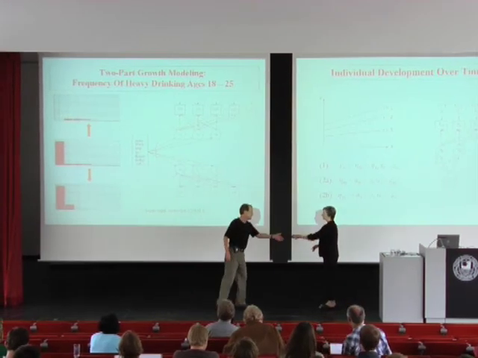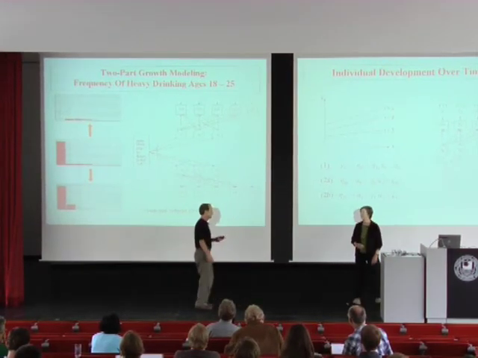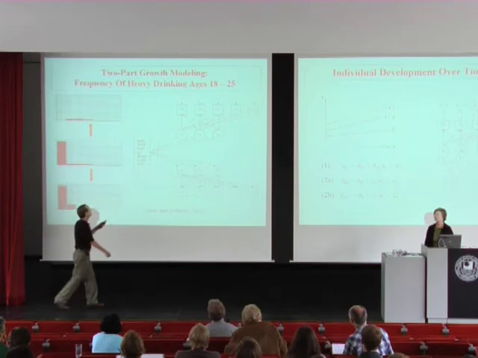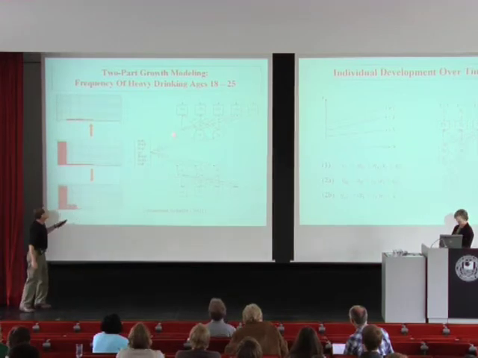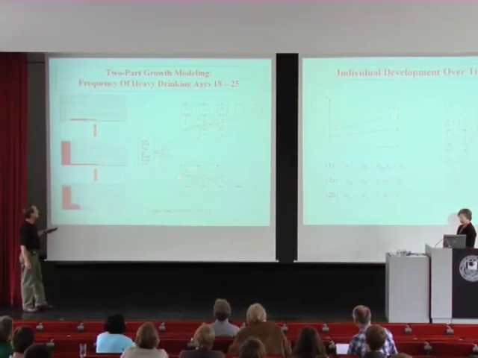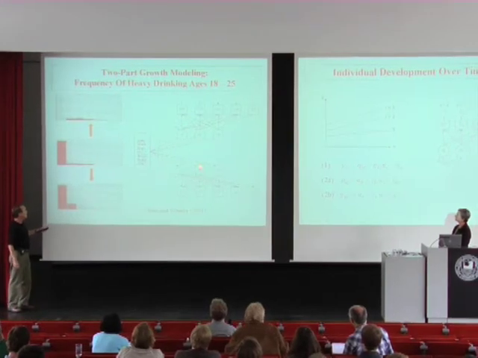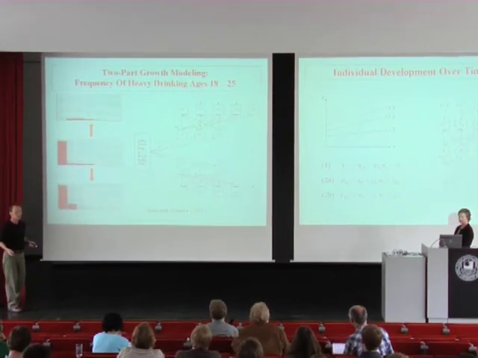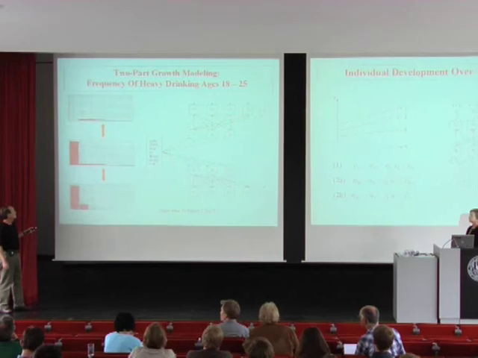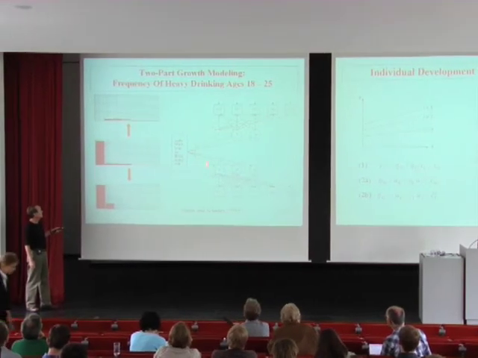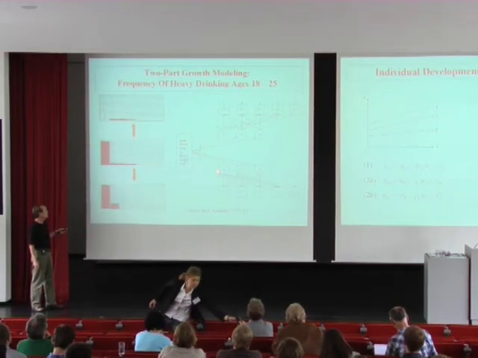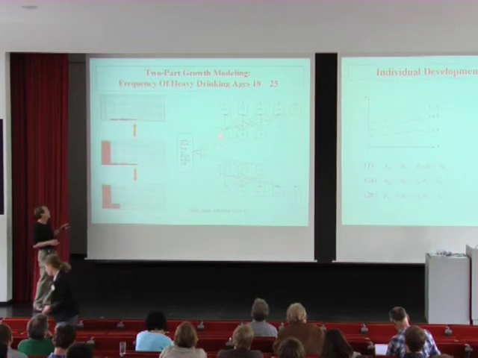Great pedagogical questions. Is this the microphone? No. Yeah, so the question is on slide 70 about this double-headed arrow, and why are the other growth factors not correlated? They could be, but the idea is that most often it is the intercepts that have the strongest correlation. You want to have a correlation between them.